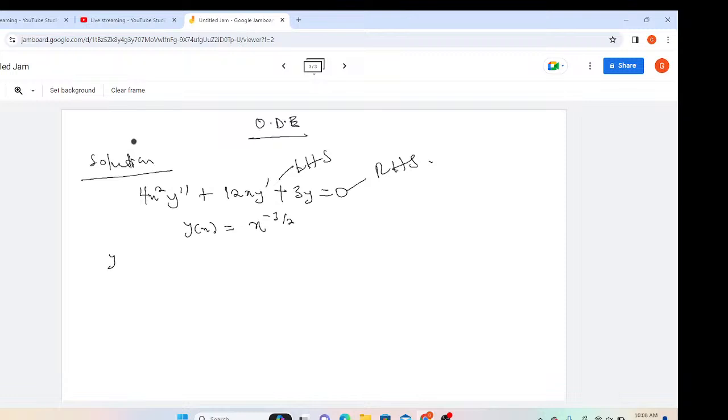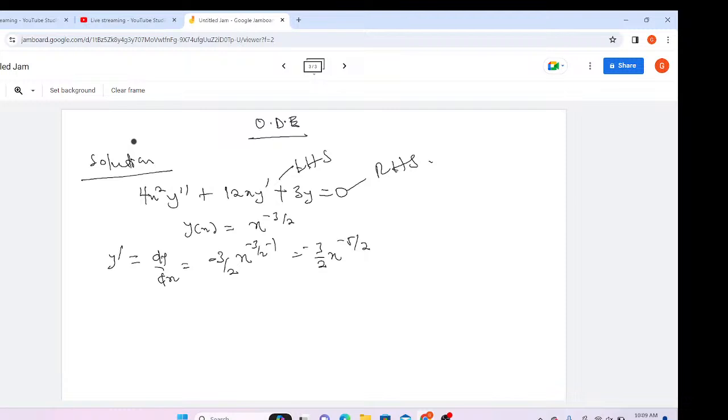It means that for our solution, we have to find y prime. That's differentiating the dependent variable with respect to the independent one, which is dy over dx. That gives us minus 3 on 2 x exponent negative 3 on 2 minus 1, which is minus 3 on 2 x exponent minus 5 on 2.